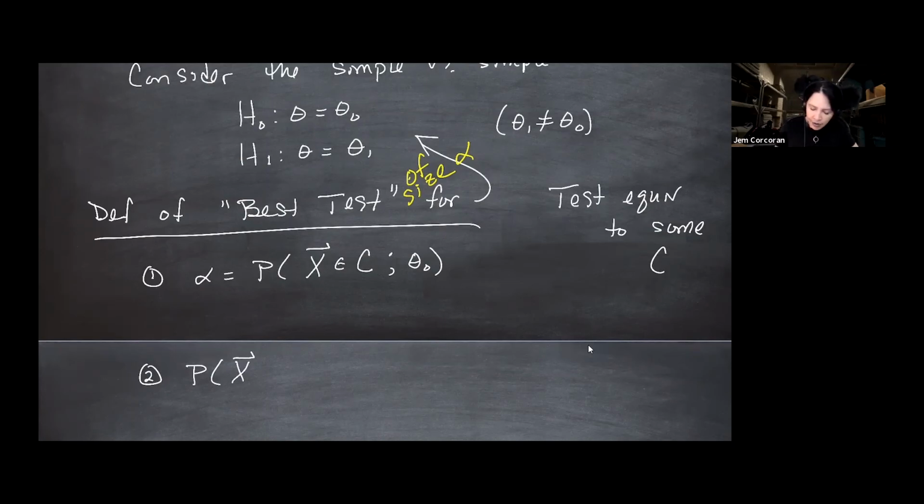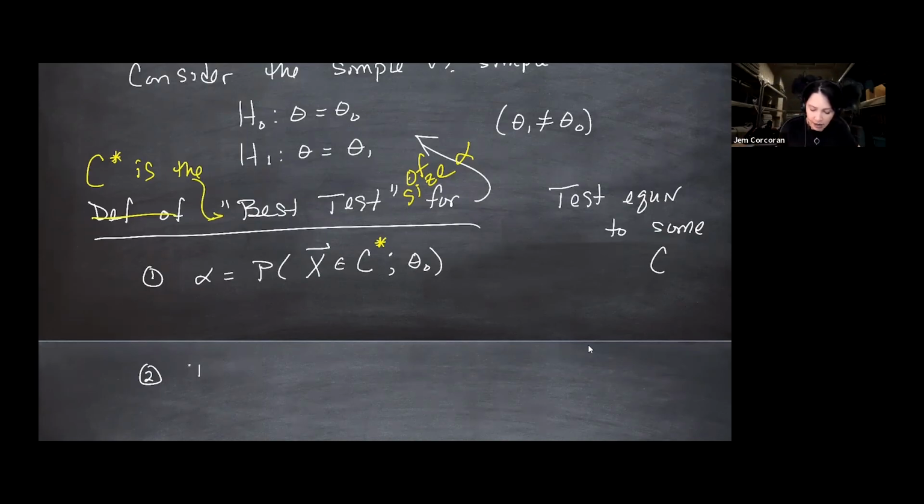So I need to give notation for a best test. I'm going to say C star is the best test of size alpha if C star has size alpha and, for any other test of size alpha, we're doing better when the alternate hypothesis is true.